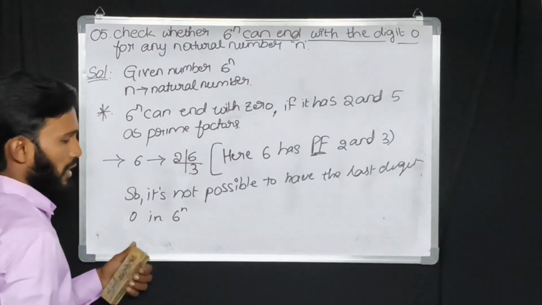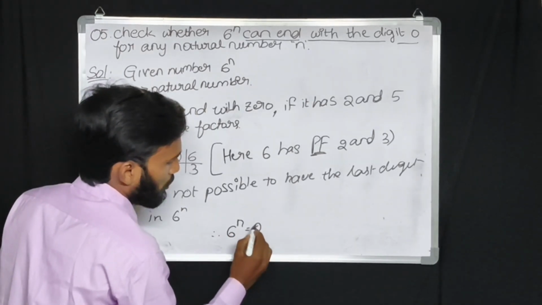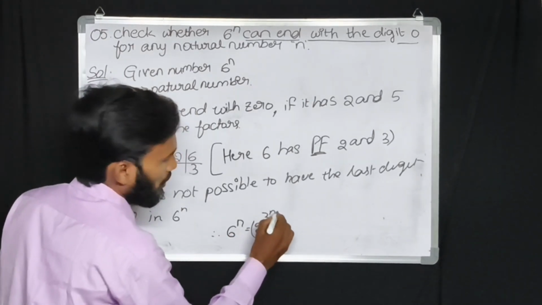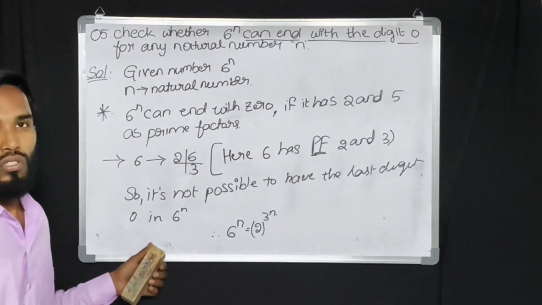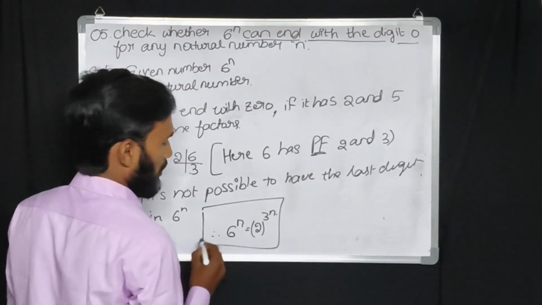Therefore, 6^n is equal to 2^n × 3^n. This is the solution.